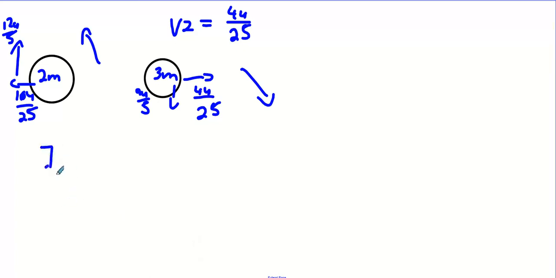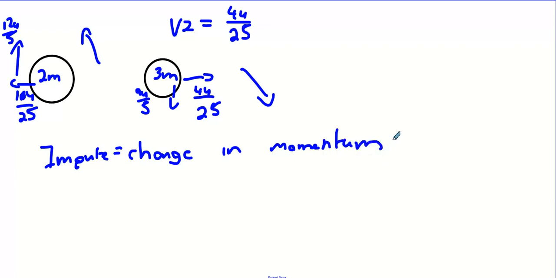So impulse equals change in momentum. The reason why you don't have to include the y values is the y values stay the same, so there is no change, so nothing to worry about there. Now impulse is the maximum value. It's mv minus mu, or it can be mu minus mv, but you're taking the positive value.